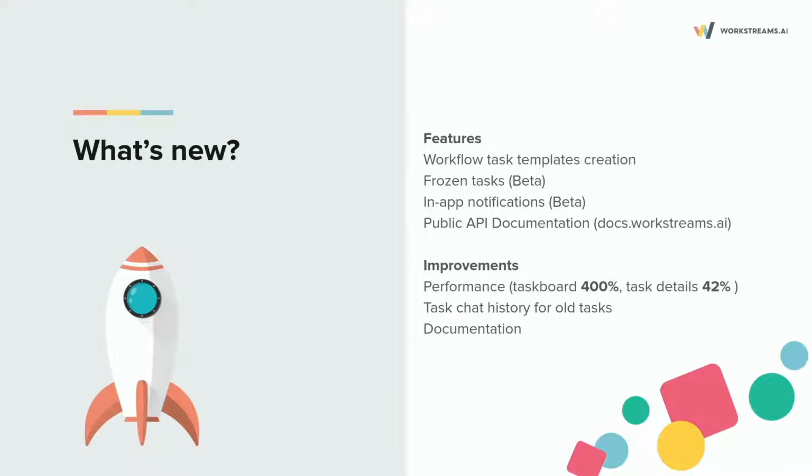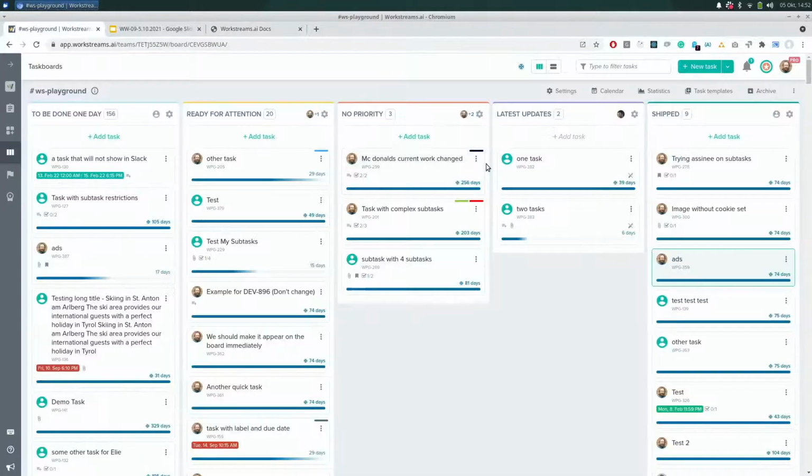So now, without further ado, I would like to jump into a live demo and guide you through the next few things. Let's start with the workflow task template creation. This time we are using what we call our playground board, as some of these features are so far available only within our workspace, and this board doesn't really have any meaning in general.